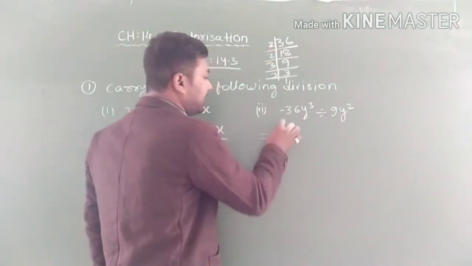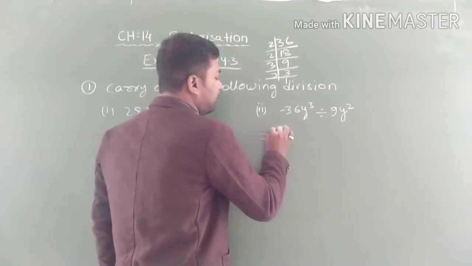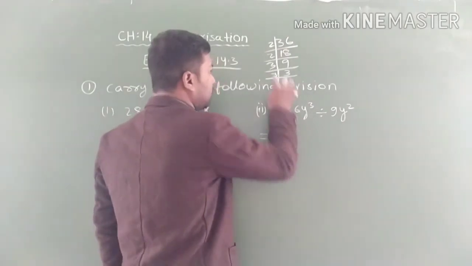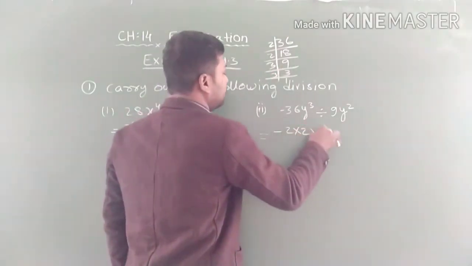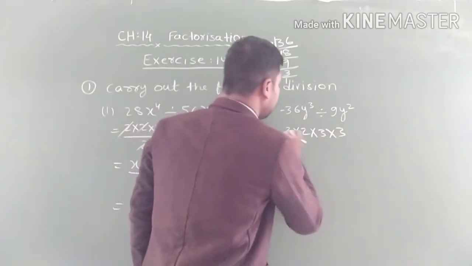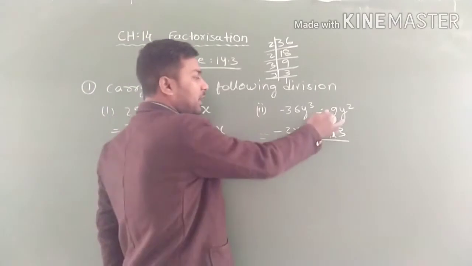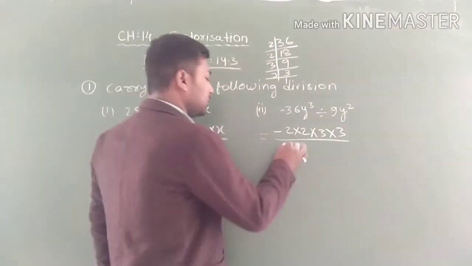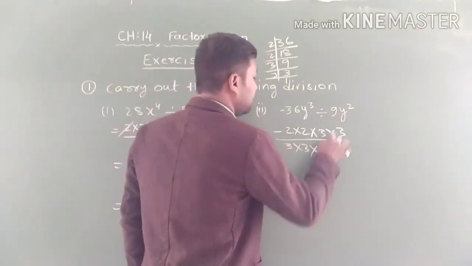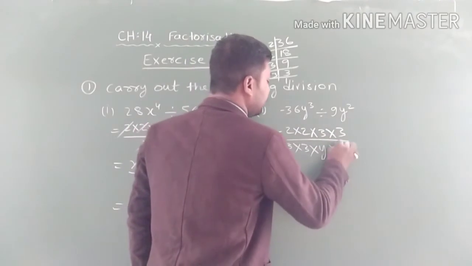Now in place of 36 we can write minus 2 into 2 into 3 into 3 divided by 9y square. The factors of 9 will be 3 into 3, and y square is y into y.